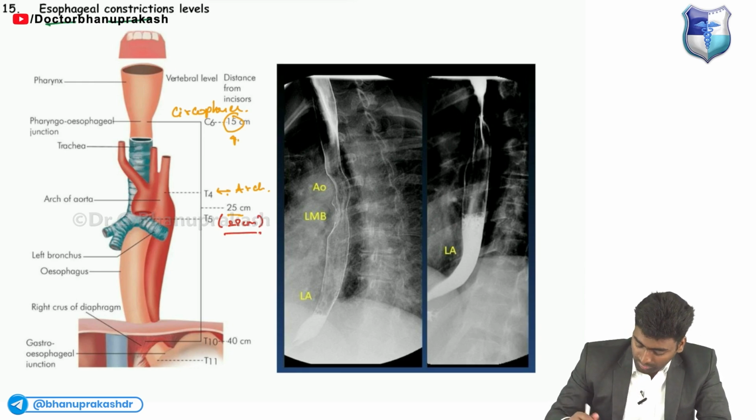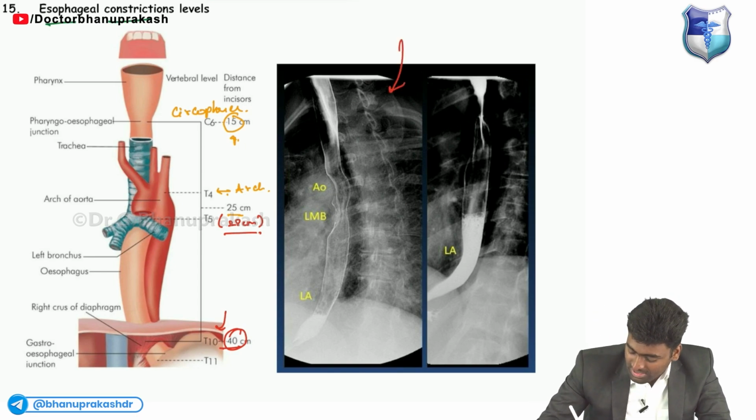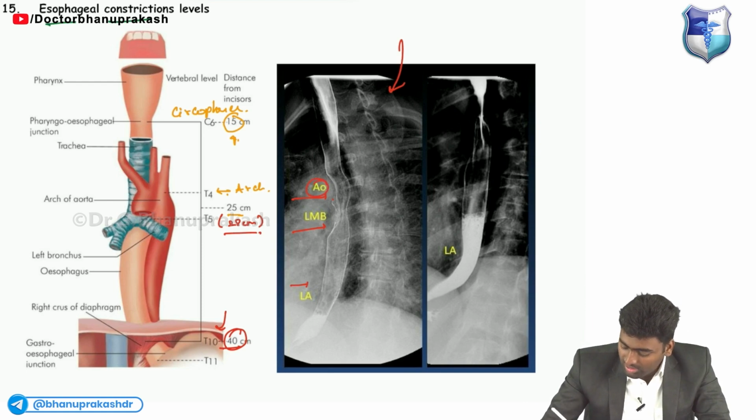Finally, the third constriction, when it enters the diaphragm, is at the level of 40 centimeter. In a few examinations, from the anatomy perspective, they will give an image and ask which of the following will cause this constriction. We know the arch of aorta is the first at 25 centimeter, the left main bronchus at 28 centimeter, and there is one more indentation.